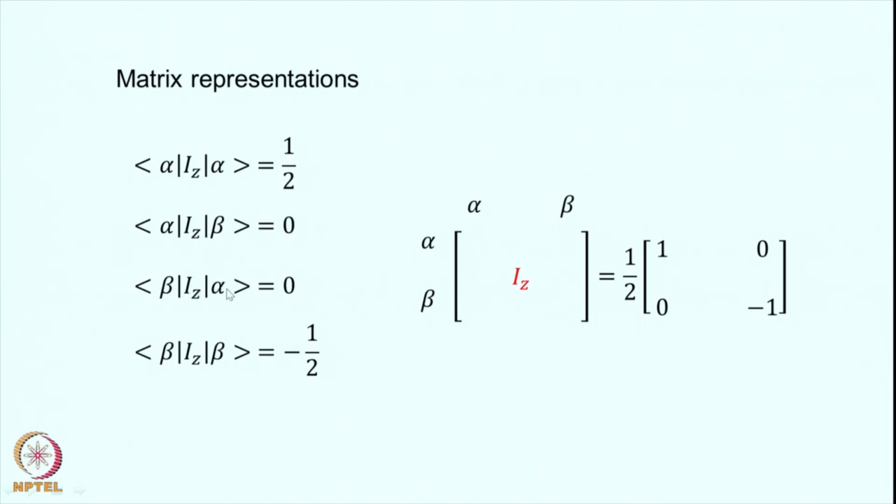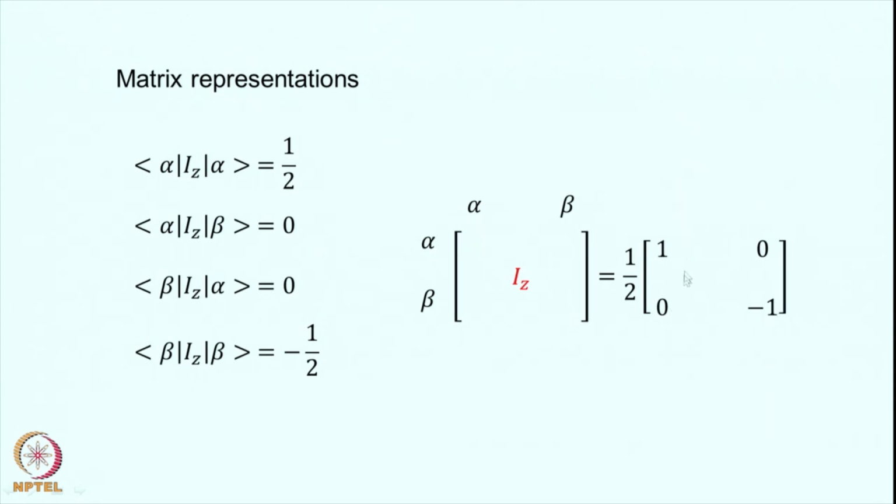Similarly, beta Iz alpha gives me half beta alpha, and that will be 0. And Iz beta gives me minus half beta, so I have minus half outside, then beta beta, which is equal to 1, so this is minus half. If I put these 4 elements in the matrix, I get half, 0, 0, minus half, but if I take the half out, I have half times 1, 0, 0, minus 1.